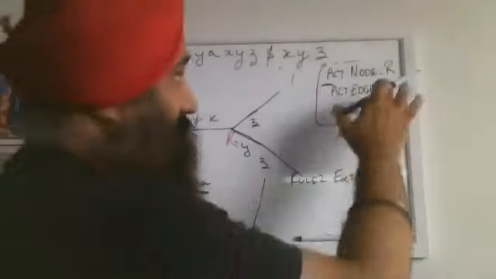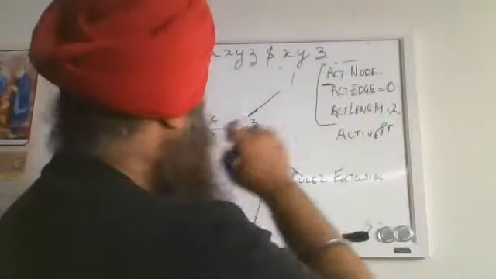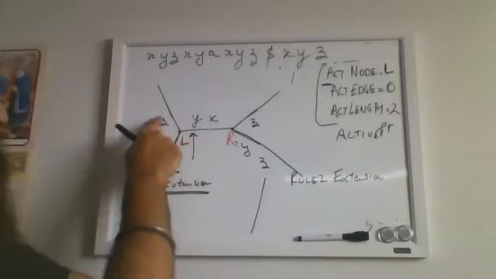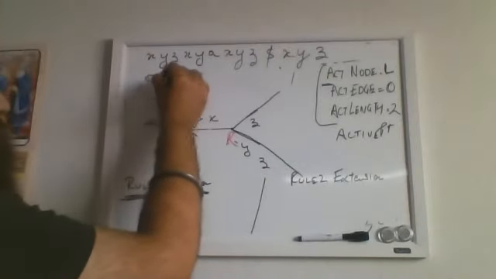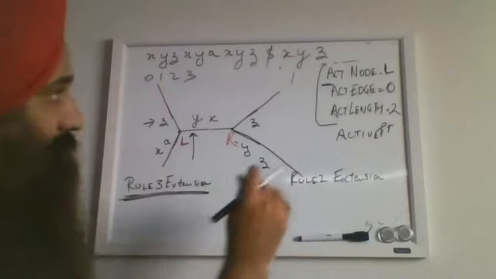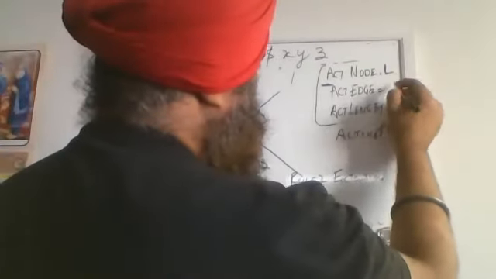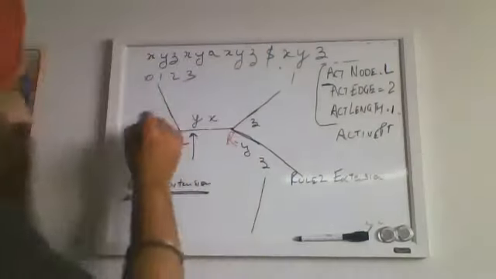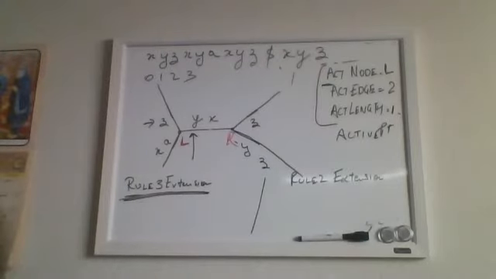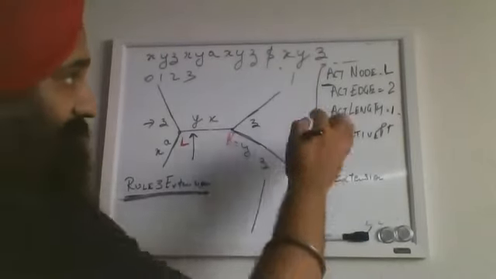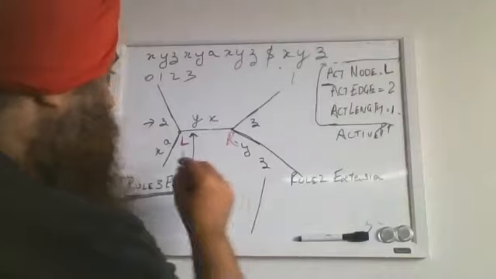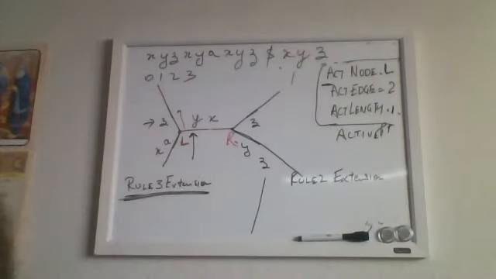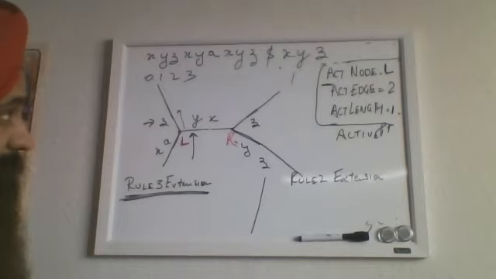In this case, your node will change to L. Your edge is z. z is represented by 2. So your edge will become 2 and your length will become 1. This is your active point. So the next time you want to do an extension, this active point will tell you to begin at L, move in the direction of z, length 1, right?